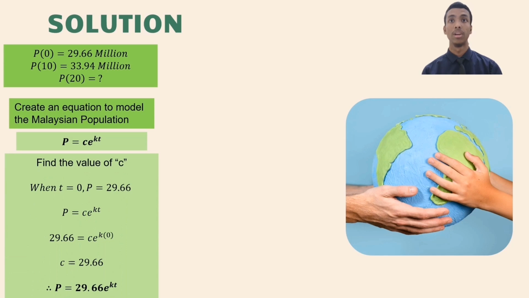Next, we need to find the value of C by substituting t equal to 0 and P equal to 29.66 into the formula. So we will get 29.66 equal to C e to the power of 0k. Then we obtain the value of C, which is equal to 29.66. Therefore, we substitute back the value of C into the formula and get the new equation, which is P equal to 29.66 e to the power of kt.